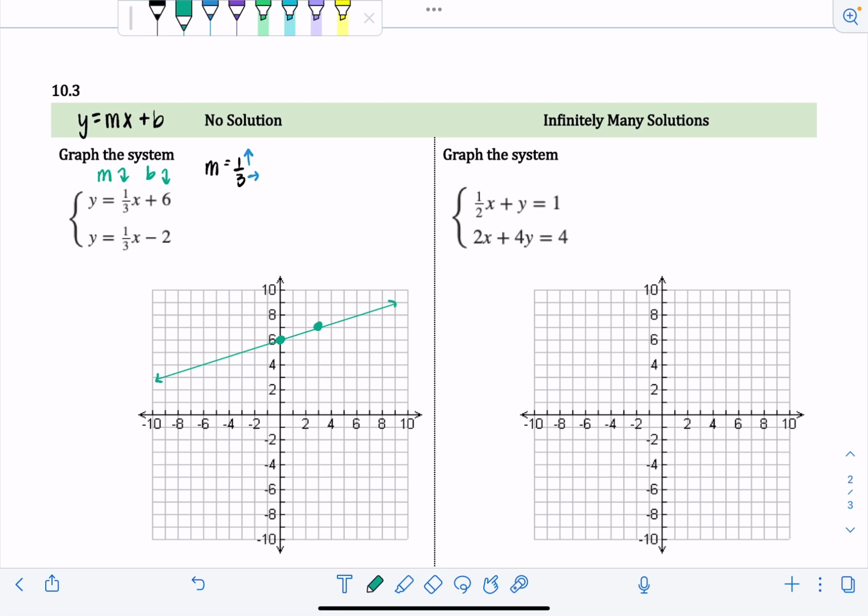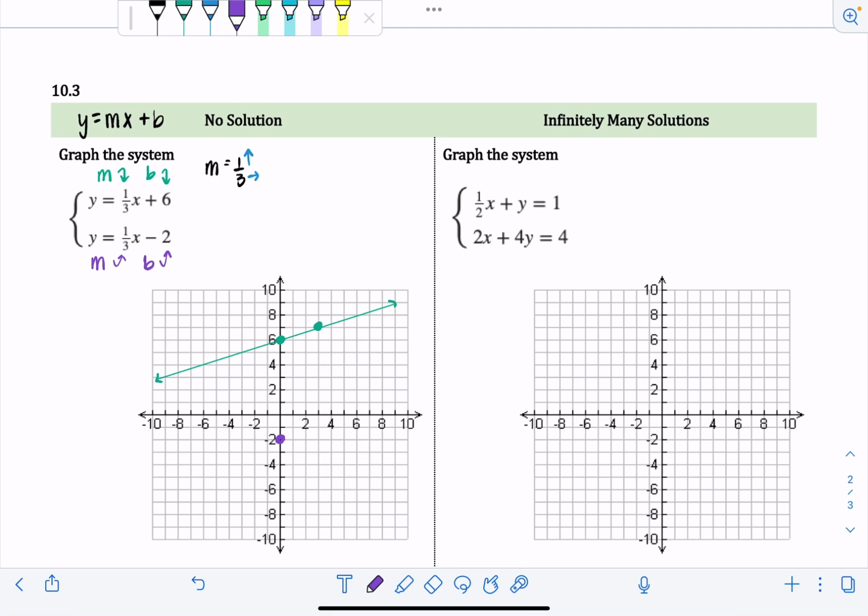And then we just repeat that process with the second equation. The second one is y equals 1/3 x minus 2. So m is 1/3, b is -2. That means I go on the y-axis and I put a point at -2 this time.